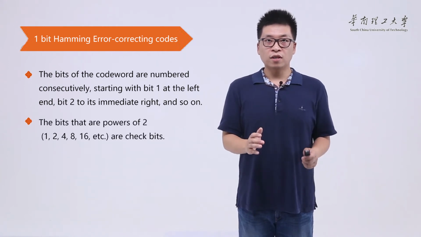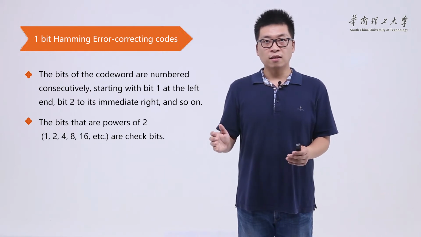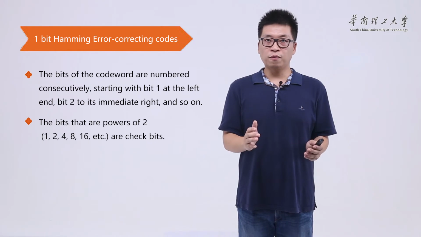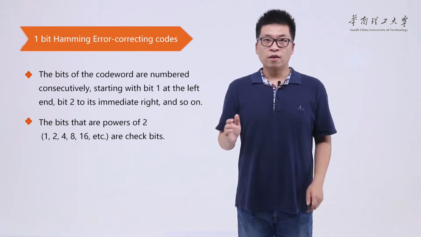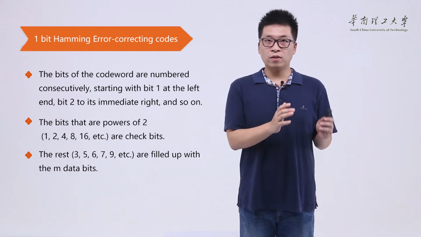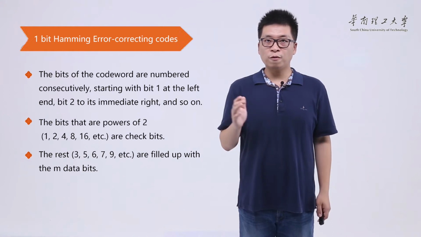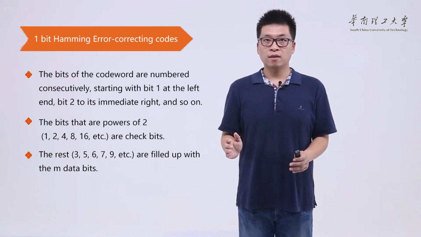The bits that are powers of 2 are check bits, such as bit 1, bit 2, bit 4, bit 8, bit 16, and so on. The rest of the bits are message bits, which should be filled with the m data bits.